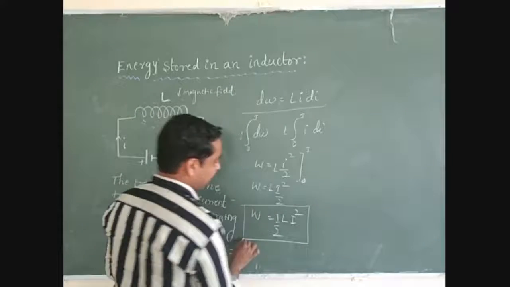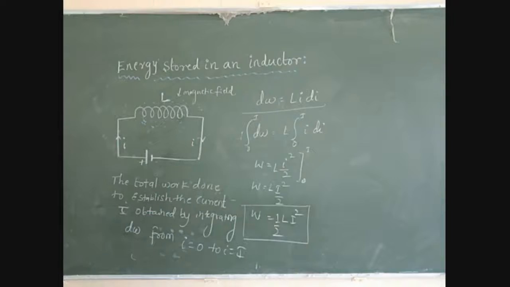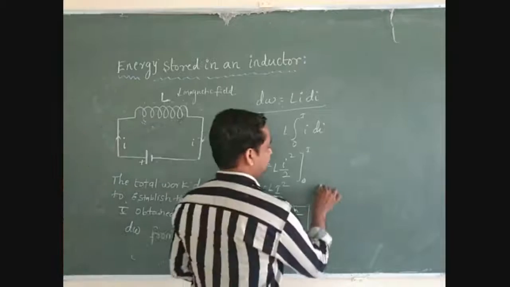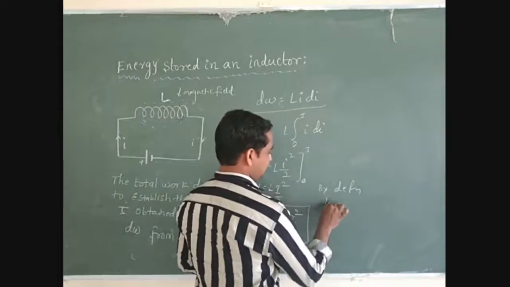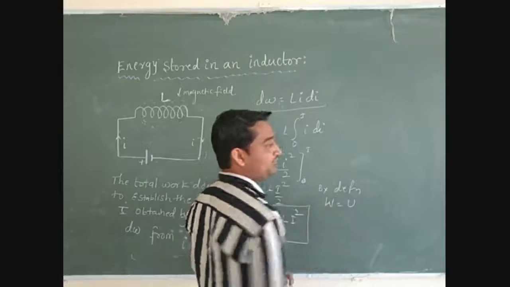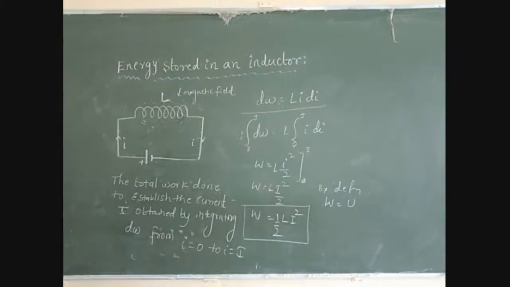But according to the definition, the amount of work done will be stored in the inductor as magnetic potential energy. Therefore, by definition, this W is equal to U. The amount of work done will be stored in the inductor as magnetic potential energy.